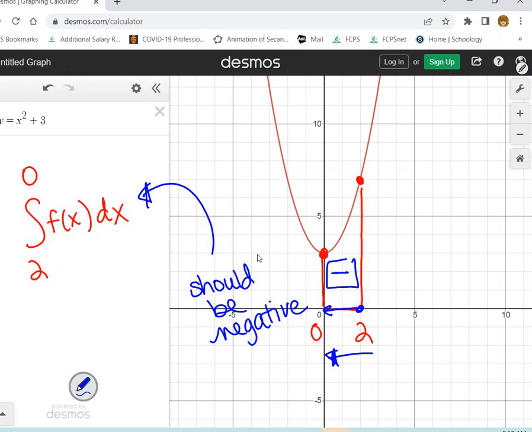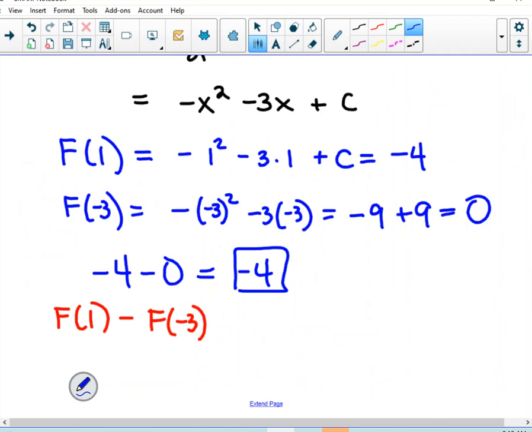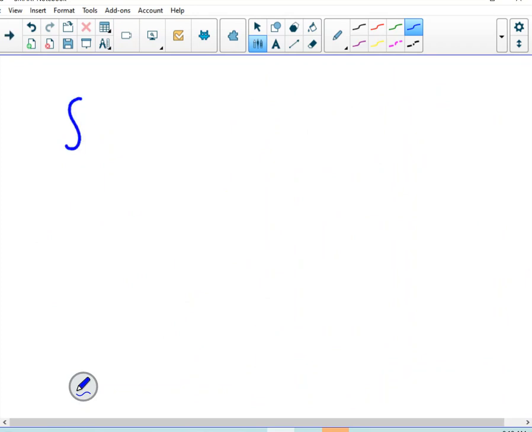I don't have to know that ahead of time when I use the fundamental theorem. I don't have to predict that. I don't have to look at it. I don't have to think about it. Newton has that all built in for us. And so if we're going to do the integral from 2 to 0, like that, of x squared plus 3 dx, no worries.